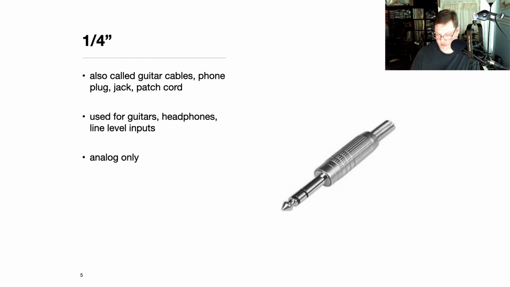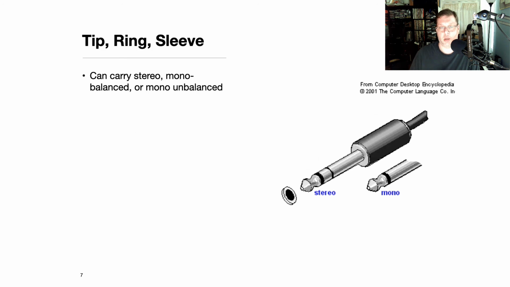The way these work is you see the little ring on the plug that separates the signal. The one on the right that says mono has a tip and then the sleeve. So you essentially get two connections: the ground and the signal.